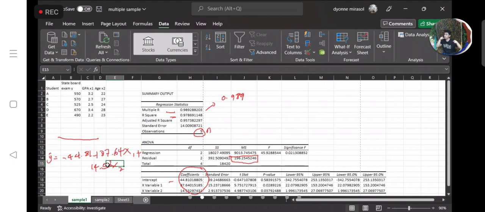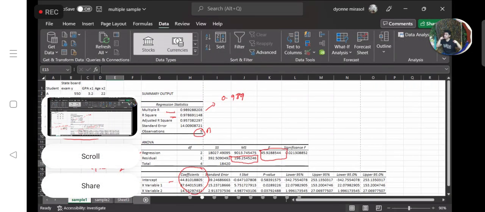Then we can also see in the table the F value for our F test.